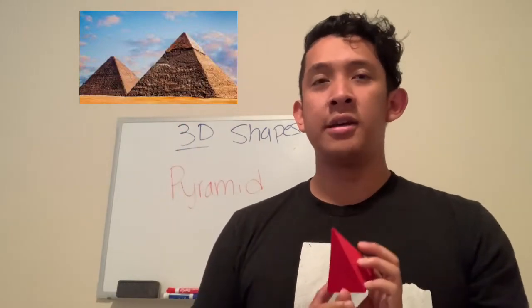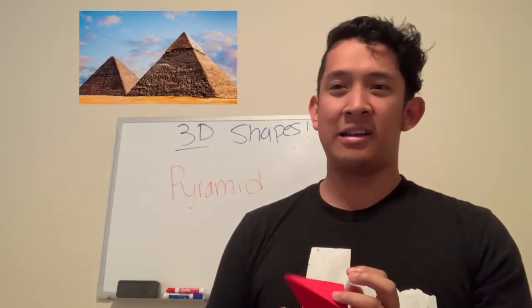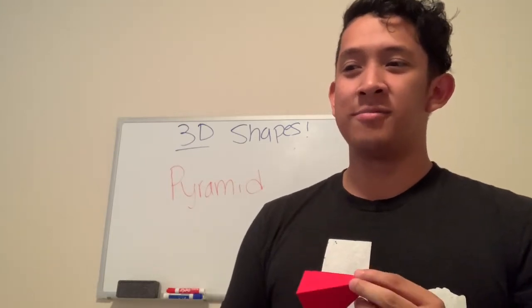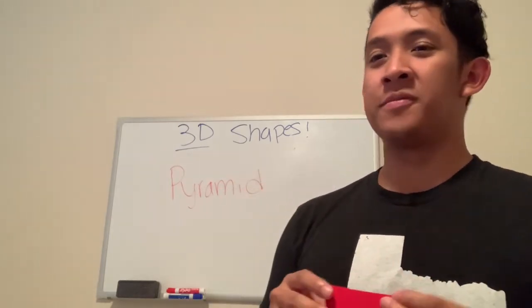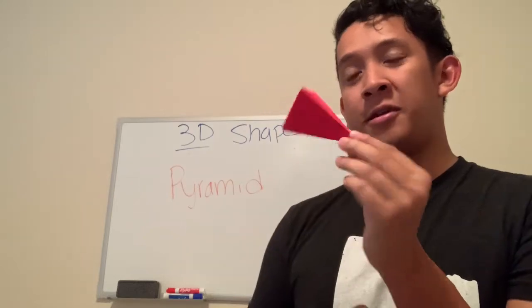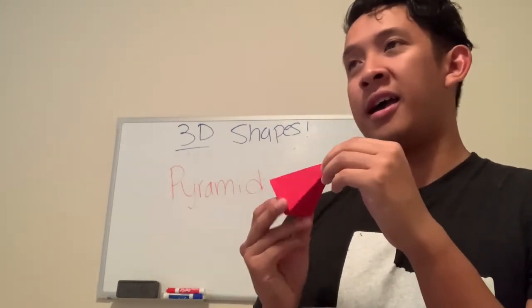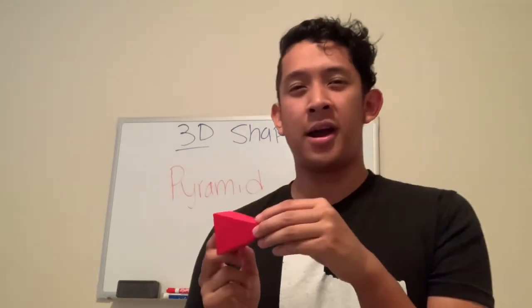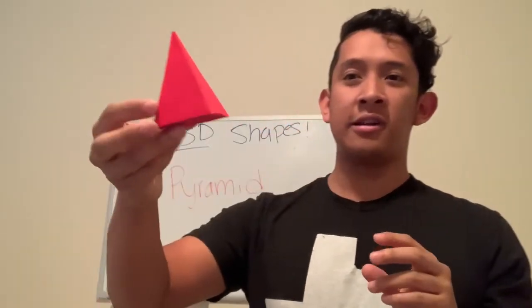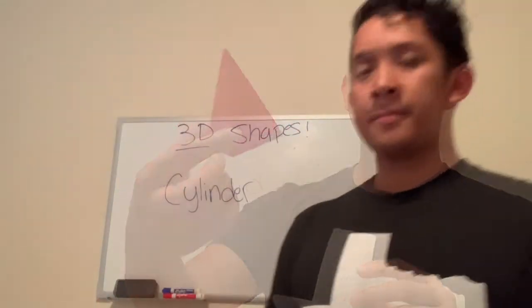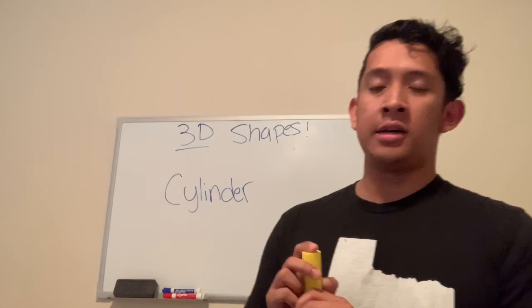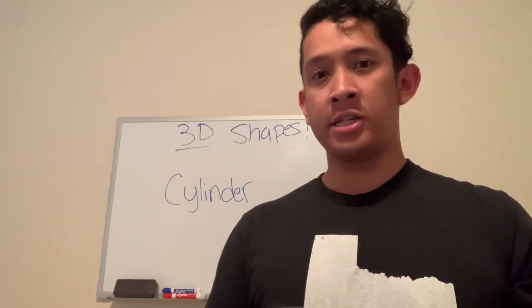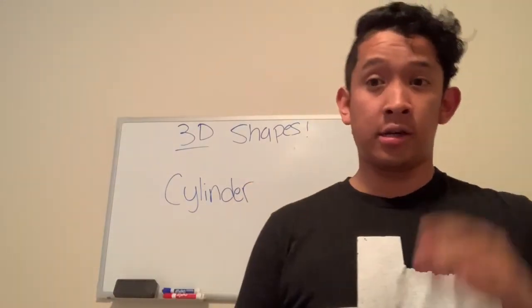I would love to see them, but probably not anytime soon. But just look at pictures, they're just as cool. See if you can find any pyramids in your household. I don't know if I can find any in mine right now, other than this one right here, but this is a pyramid. Okay, the next one we're going to talk about for 3D shapes is a cylinder.